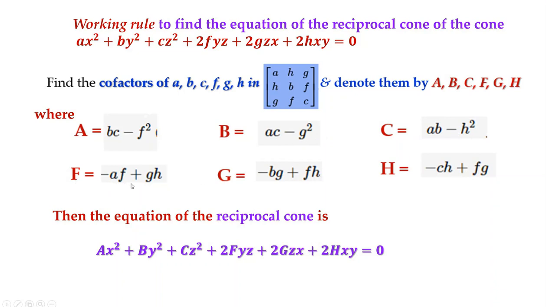Capital F is minus AF plus GH, capital G is minus BG plus FH, and capital H is minus CH plus FG. With this, the required equation of the reciprocal cone is: AX square plus BY square plus CZ square plus 2FYZ plus 2GZX plus 2HXY, where capital A, B, C, F, G, H stand for this. So this is the working rule.